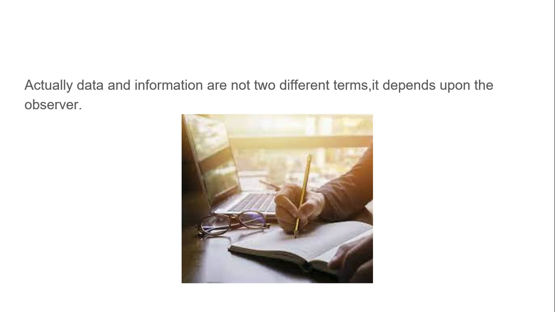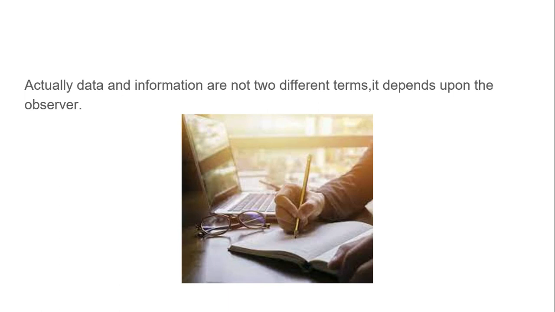Let's take an example. If you are writing a database book, to write it you need to research other books. You may search different articles, other sites, YouTube videos, and so many things. Those YouTube videos and articles are the data for you, and your book is information only for you.